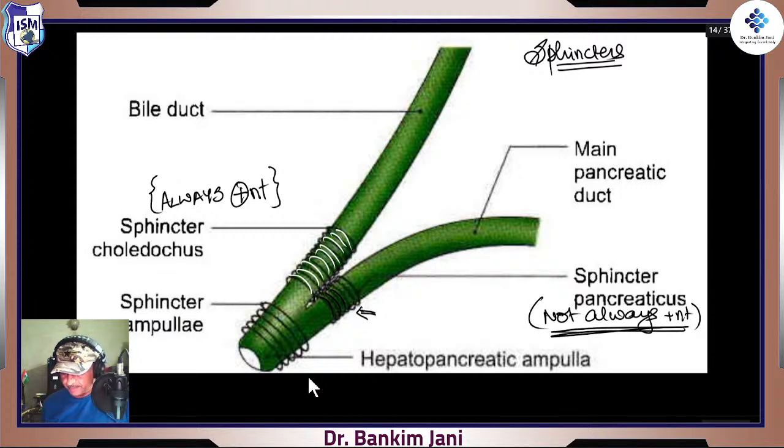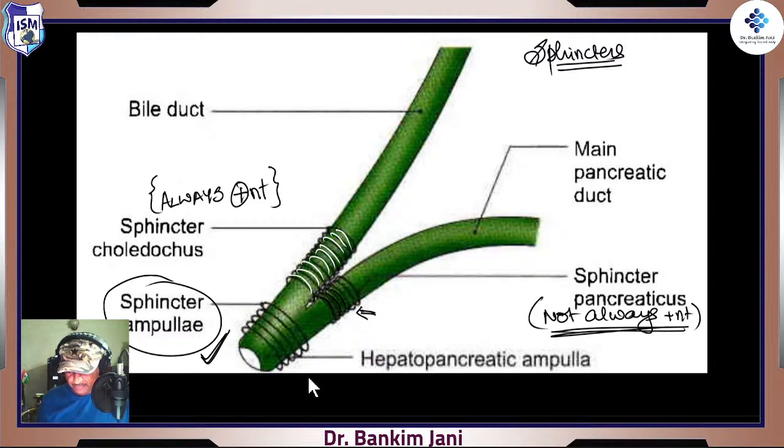Okay, this is done. Now this is sphincter ampullae, the main sphincter. Definitely present, right? Definitely present, because it is main. So this much should be known to you, that it is the sphincter choledochus and sphincter ampullae which are present.